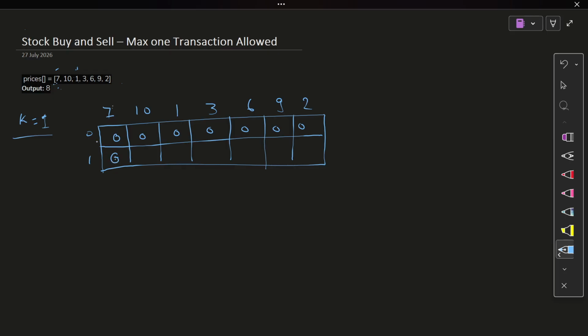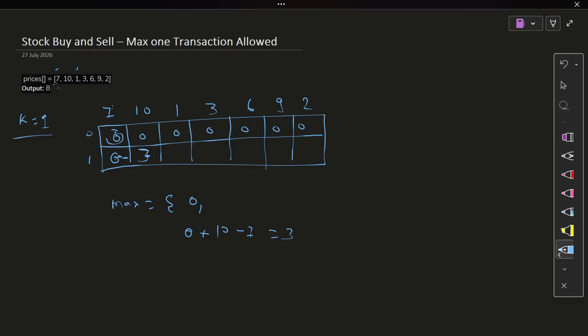Buy at 7, sell at 7, 0. So here we have to find, when one transaction happens, the maximum. Zero transactions are completed, and we are looking for one transaction. For the zero-transaction value, 0, and for one transaction, 10 minus 7, that is 3. Which one is maximum, 0 or 3? 3.